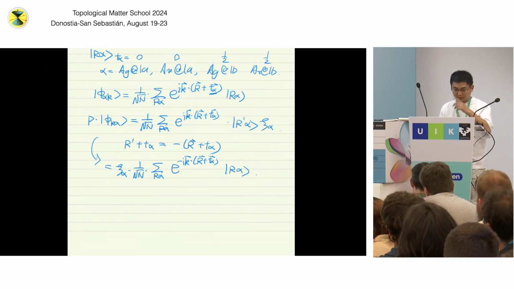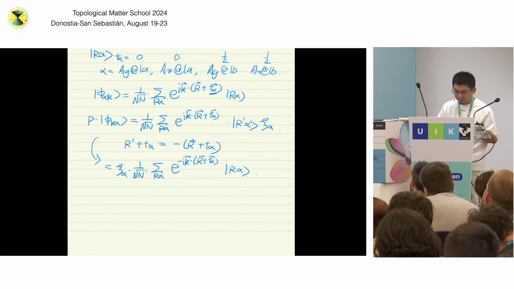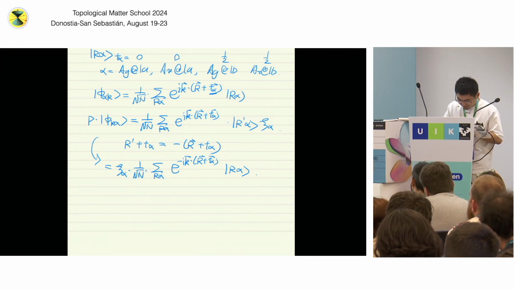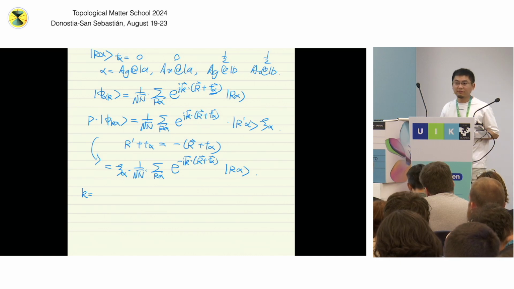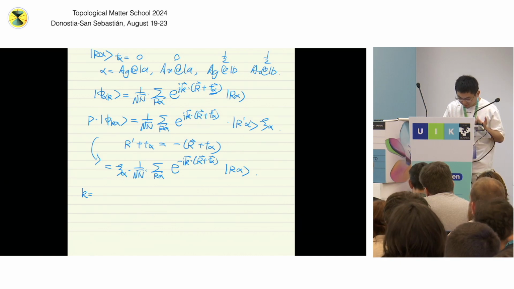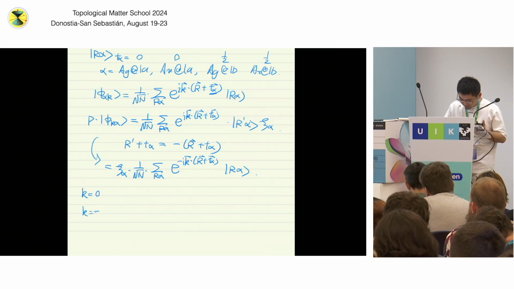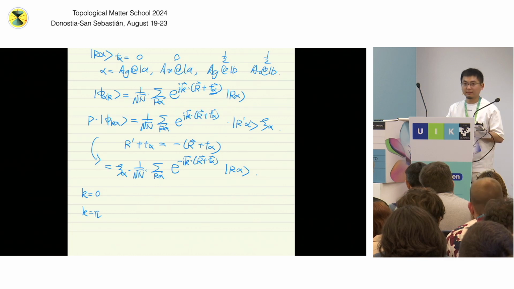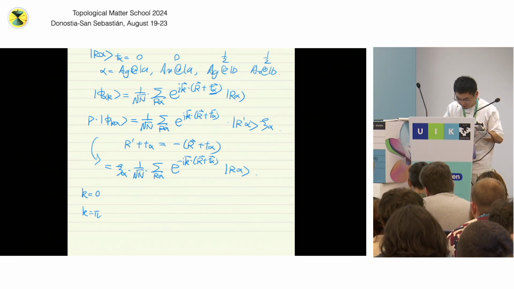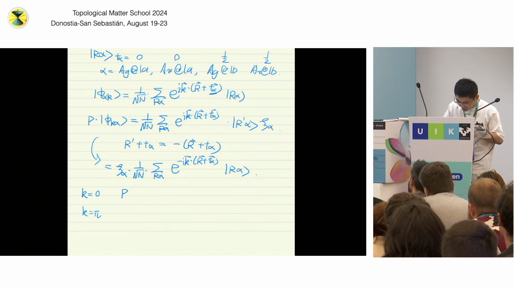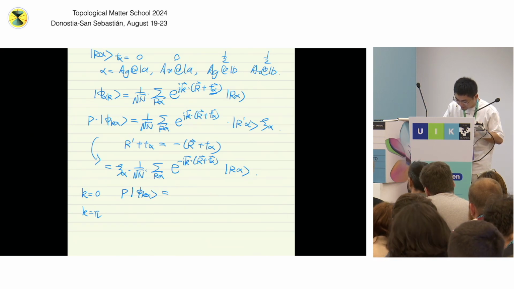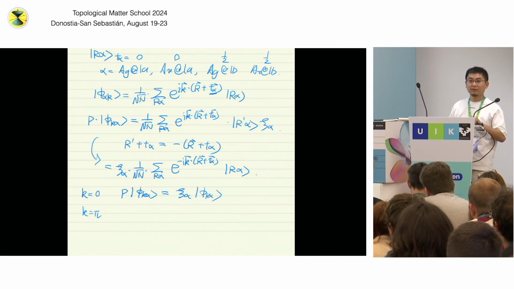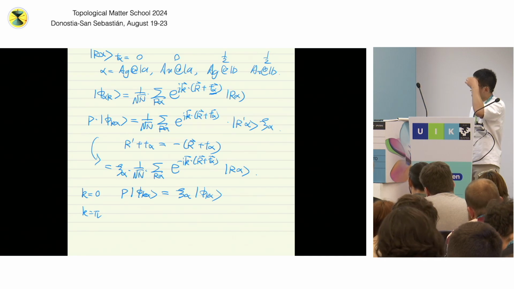And now something important will happen. Let's consider k. We only have two inversion-invariant momenta, right? The zero momentum and the pi momentum. If the momentum is 0, then it's fine. The minus sign here is nothing, because k is 0. So in this case, we have the conclusion that P acting on phi k alpha just equals chi alpha phi k alpha. This is simple if k is just 0.